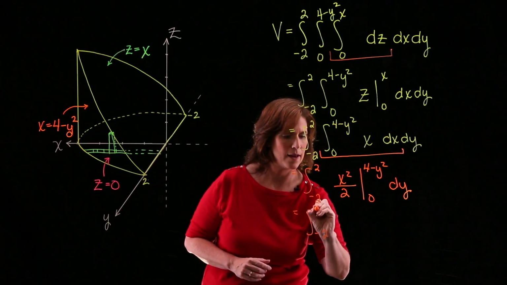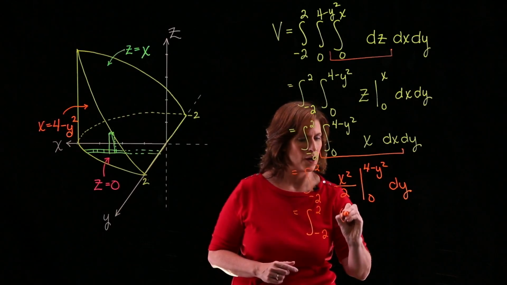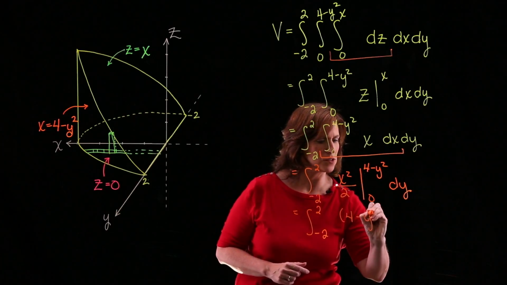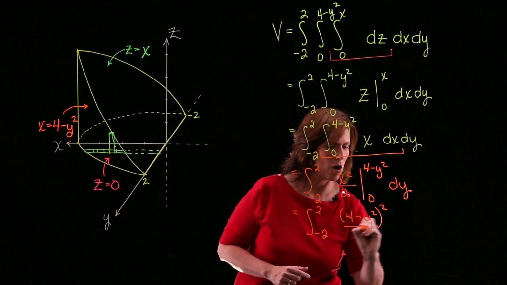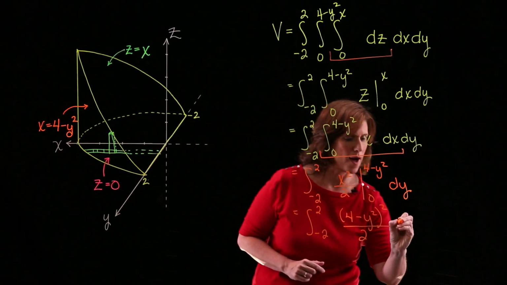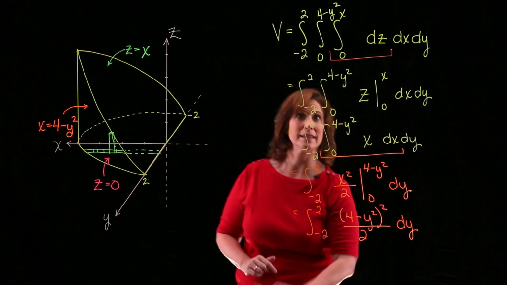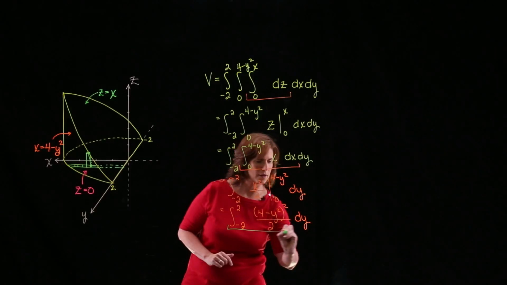Plugging in my upper and lower limits and subtracting, I'll have 4 minus y squared quantity squared all over 2 minus 0, dy.